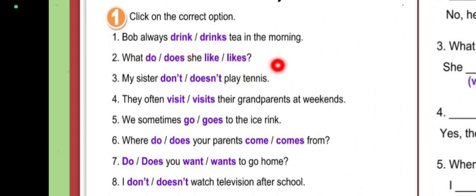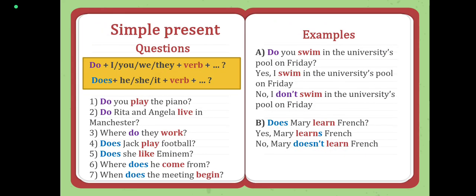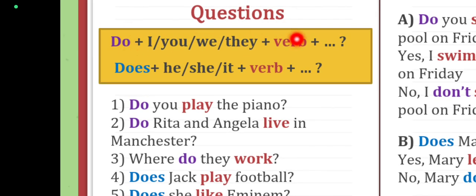Just be careful with number 2 because you said, what does she likes. Okay, so here we don't need to add an s at the end of the verb because we have the auxiliary. And let's remember, when we have the auxiliary, the verb remains in the basic form.